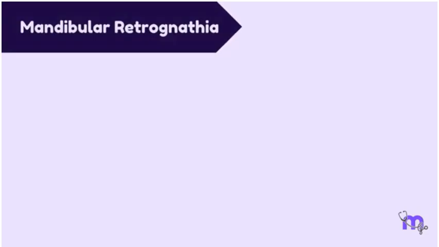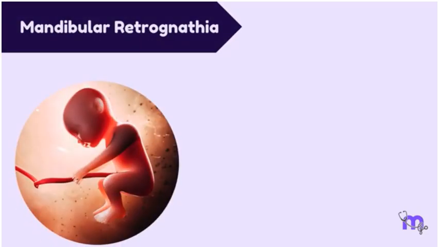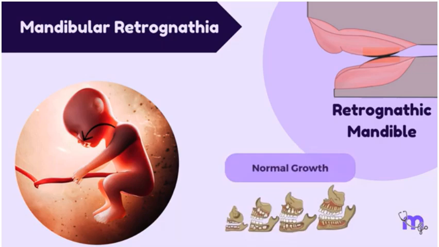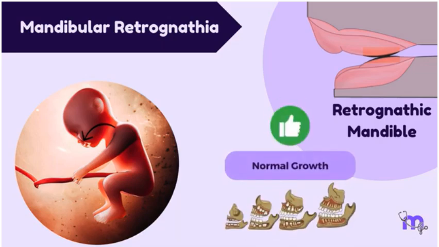Finally, let's talk about the reason for the mandibular retrognathia. To accommodate itself in the womb, the fetus is positioned such that its head is bent downwards, which causes the mandible to be slightly retrognathic at birth. As the child attains normal growth, this self corrects.